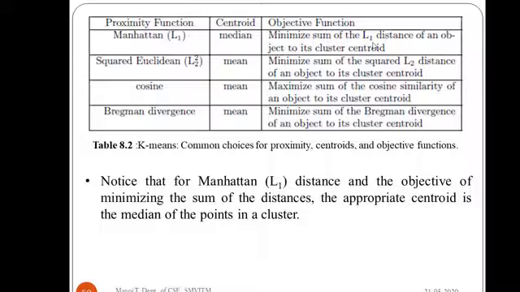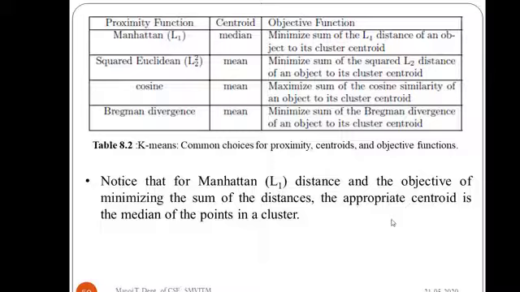Similarly, squared Euclidean we have already seen, cosine, Bregman divergence it may be. For Manhattan distance, with the objective of minimizing the sum of the distances, the appropriate centroid is the median of the points in a cluster. How does the median differ from the centroid?